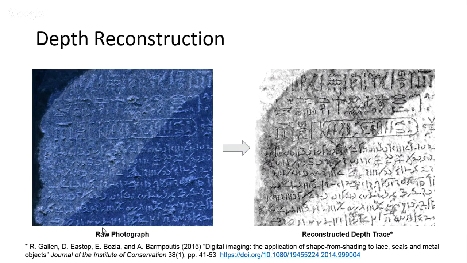And this is a small example of the reconstructed depth trace. In other words, we reveal those points that are deeper than the others, than the actual surface that is generally flat. It looks as if we had a papyrus and ink on top of this material, and it is, again, a significant improvement.